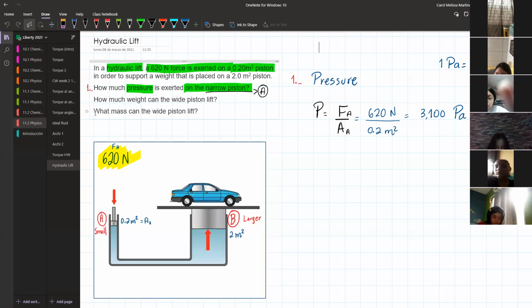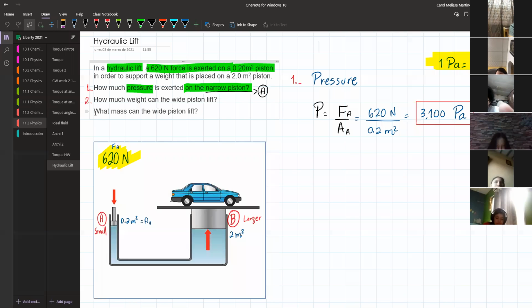Remember this. Every time you have those two units, Newton and meter square, we're going to be talking about pascals. And with this, we answered the first question. Now I will continue with the question number 2.